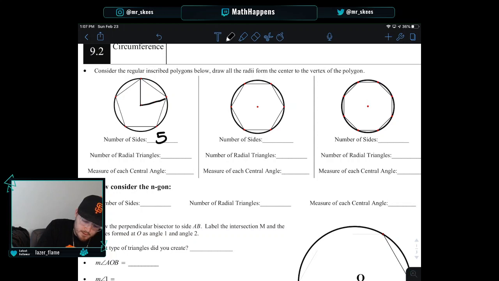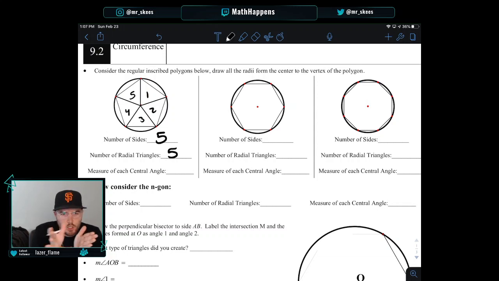So to draw these radii from the center to the edge, how many triangles did we create? 1, 2, 3, 4, 5. Those are referred to as radial triangles.